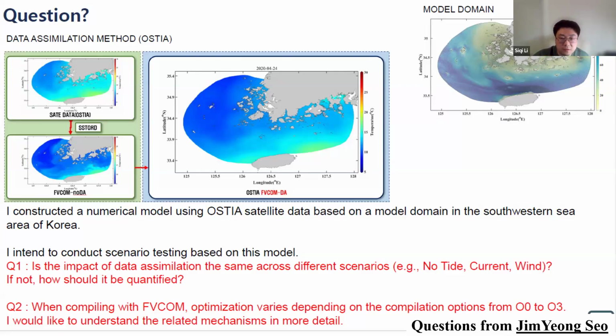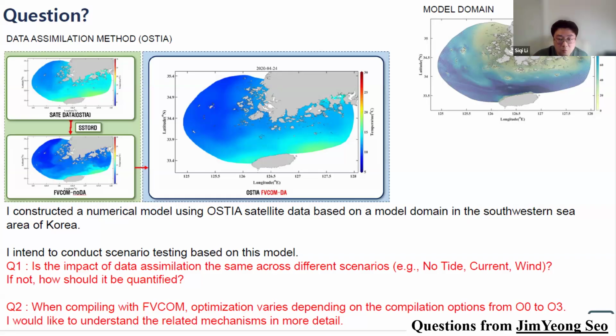The higher the level, the smarter the optimization makes your code and the faster it runs. But there are two disadvantages. The first is that with a higher level of optimization, the compiling time increases a lot.